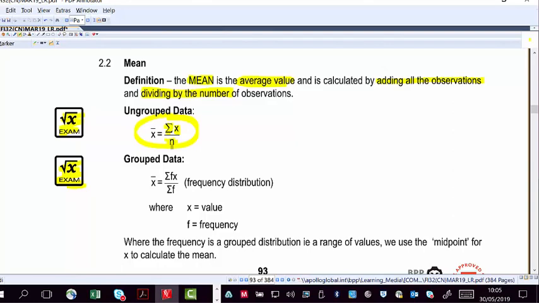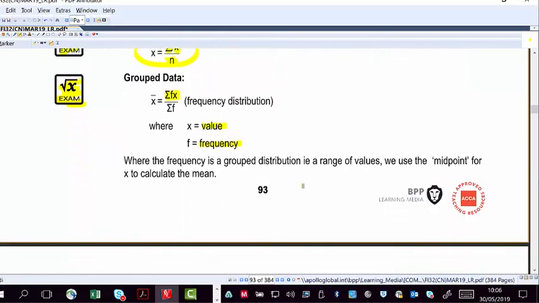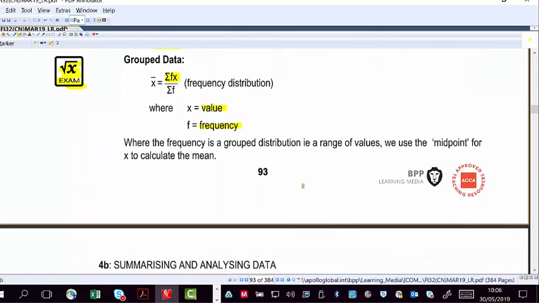We can see with grouped data it is slightly different. So instead of just being Σx on the top, we have Σfx. So that is the sum of the frequency multiplied by the value. And when the frequency is a group distribution, like what we've seen for the mileage, we use the midpoint for x to calculate the mean.